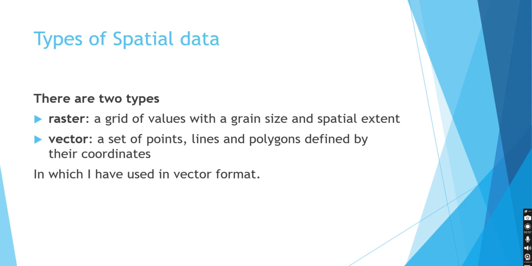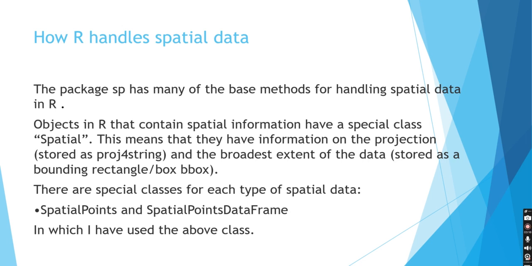Vector is a set of points, lines and polygons, like geometry. Raster is not like that, it is a grid of values. In our project, we have used the vector format because it is point data.